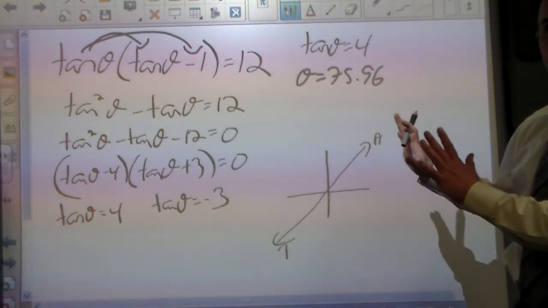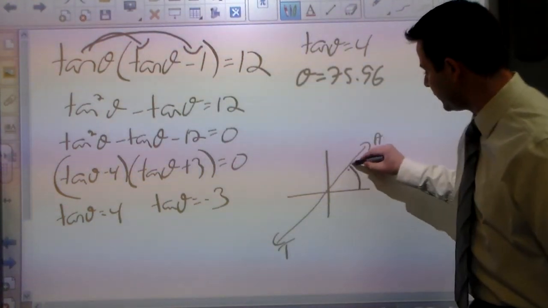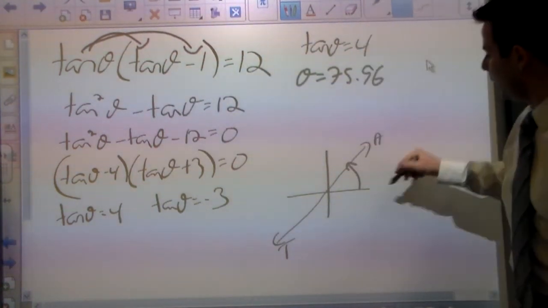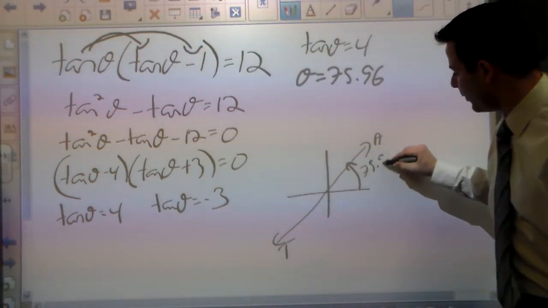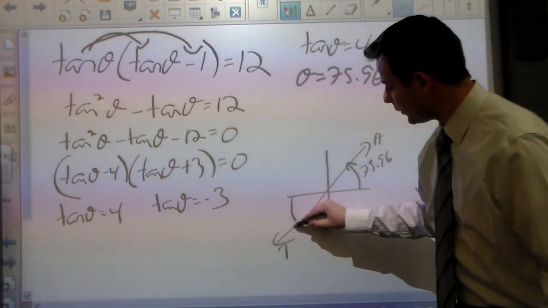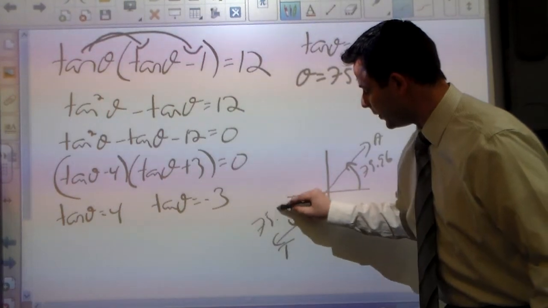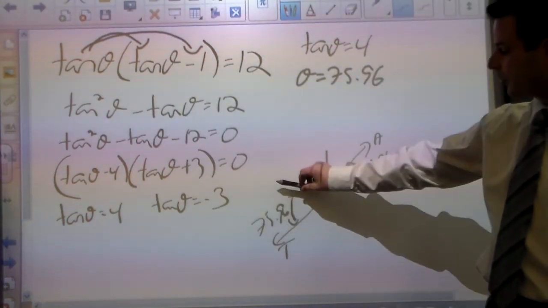Remember that this is only a reference angle. So this is 75.96. Well, that means this is also 75.96. Well, this is 180.